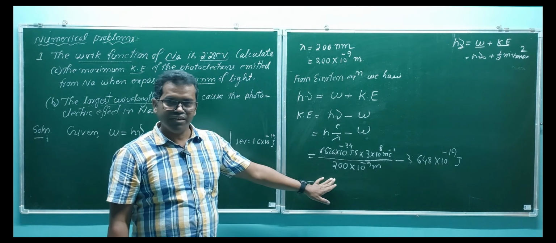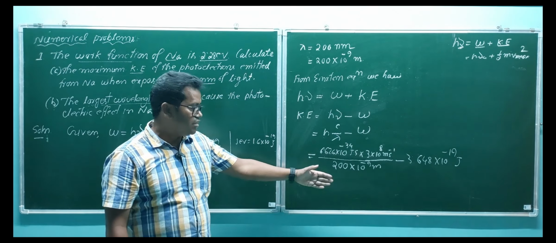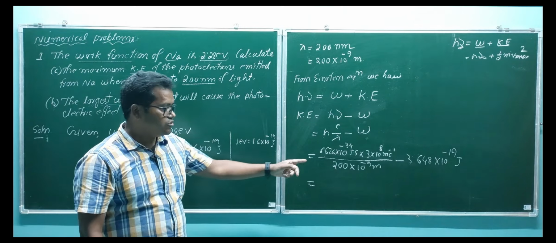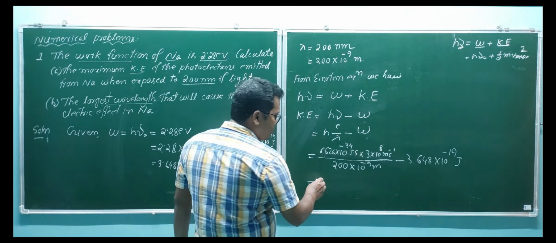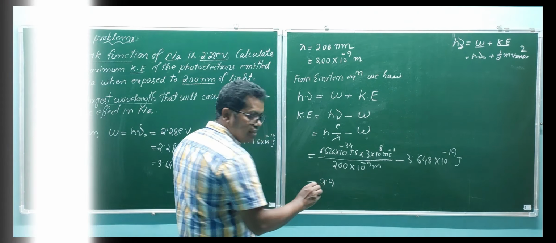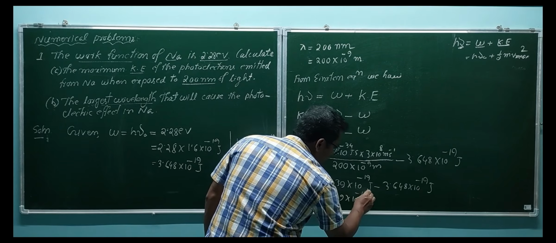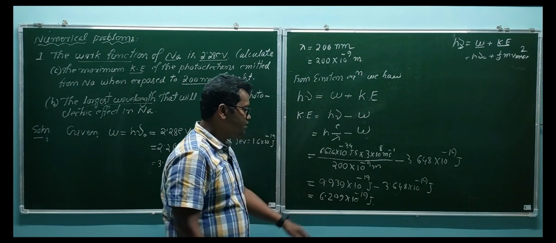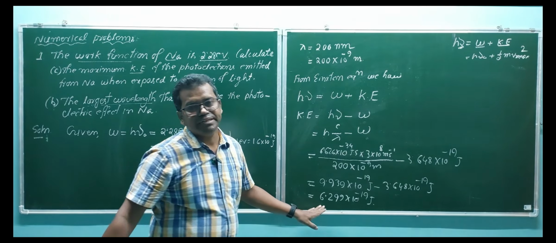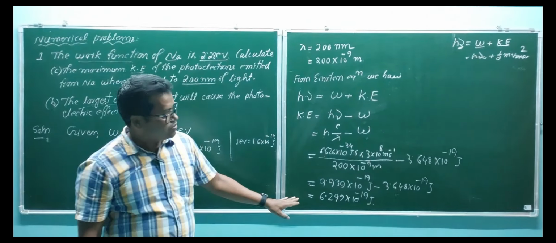Now students, you can calculate this, but I have calculated it. So this value is 9.99 into 10 to the power minus 19 joule. So this is the maximum kinetic energy we have calculated.